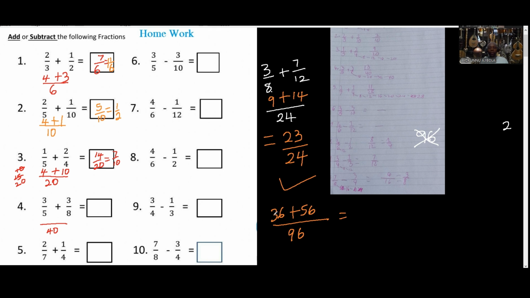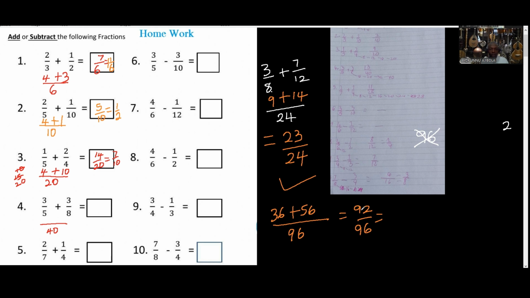So we'll have to add 56 and 36. Is it 98 or 92? 6 plus 6 is 12, so 92. So we'll get 92 over 96, right? The only difference is that we only need to change this back to this place, okay?